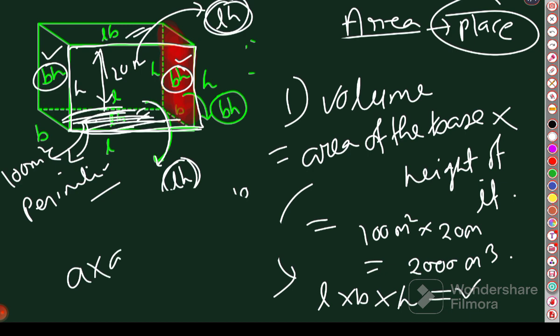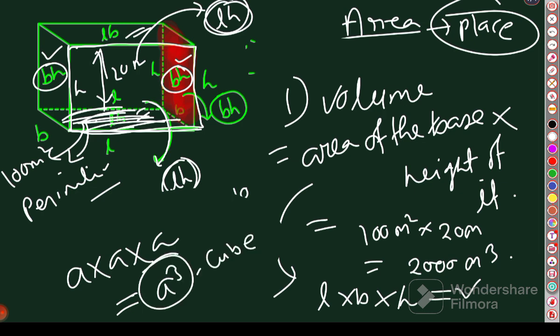Because length, breadth, height are all the same, volume of cube will be length into breadth into height. L is a, B is also a, H is also a. All sides are equal, so this will be a cube. So this is the volume of a cube.